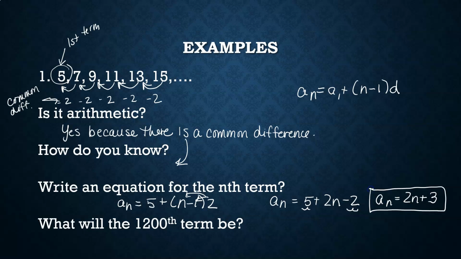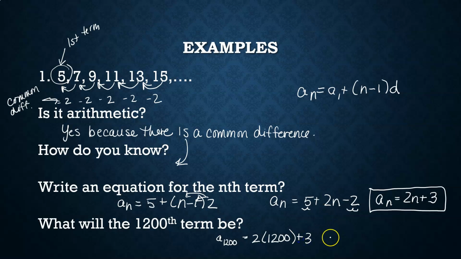Okay, so now we're going to see what the 1,200th term will be. We're going to plug that in for n, that's the number of the term. So a sub 1,200 is equal to 2 times 1,200 plus 3.